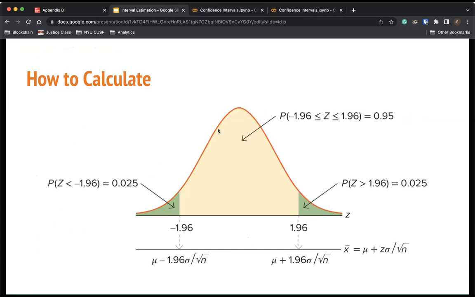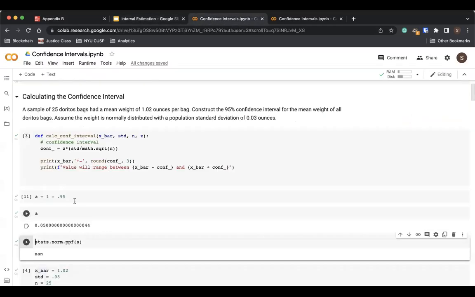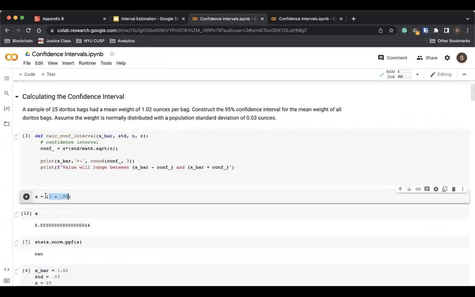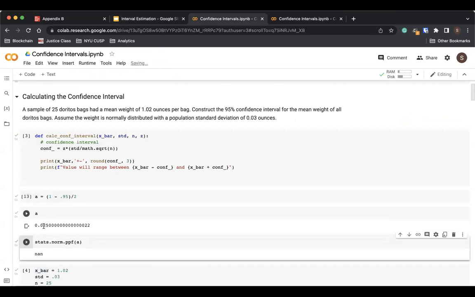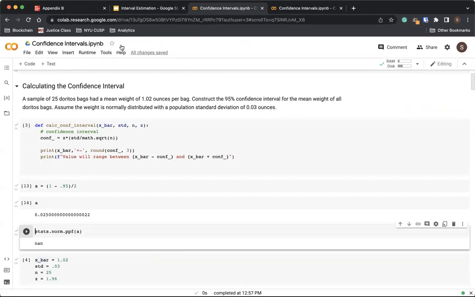So that is just accounting for 0.95 of everything in here. Oh, we gotta divide it by 2. Yeah, exactly. So now we take this and divide it by 2. And now our value of A accounts for just that area under the tail.